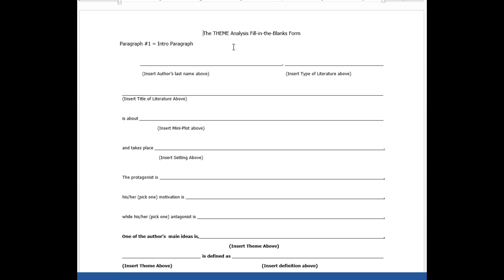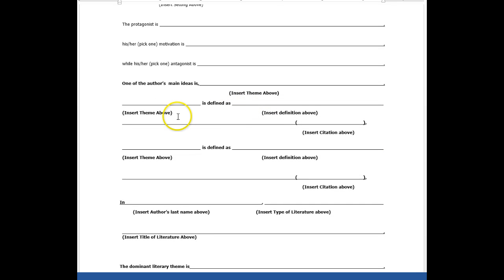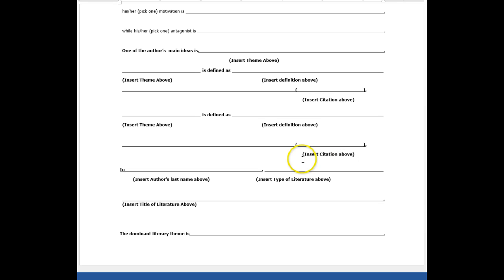Very similar again to the parallel analysis, except when you get down to the end, just as I bolded everything in Monica's paper that's new to the intro paragraph in this assignment, I've also bolded all of this. So all of this is new to you. Again, this is just to indicate to you that that's what that is. So please make sure that you fill this out before you even take a pencil and put it to paper. Make sure you fill this out first.